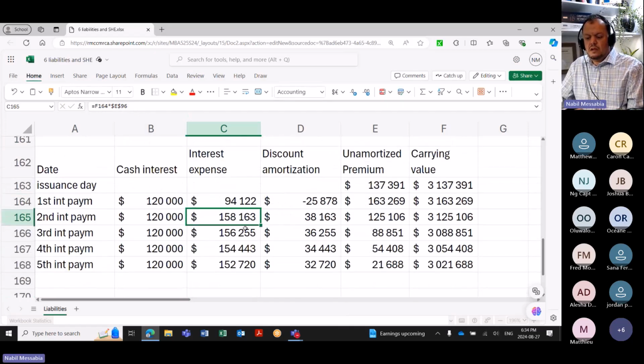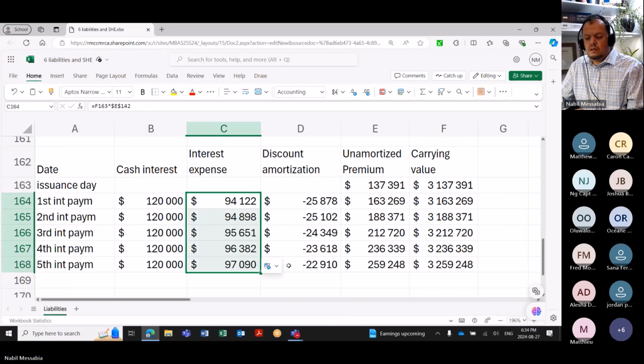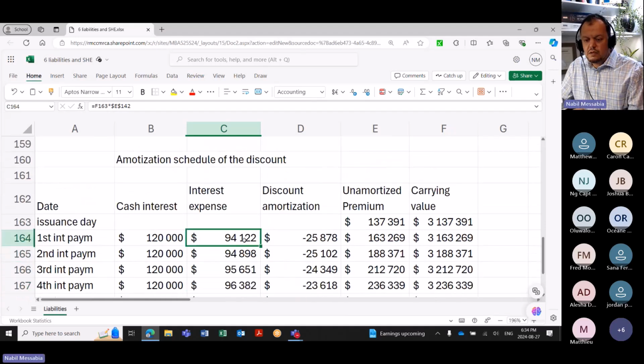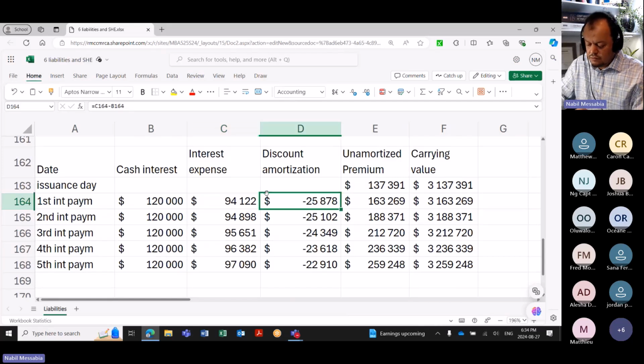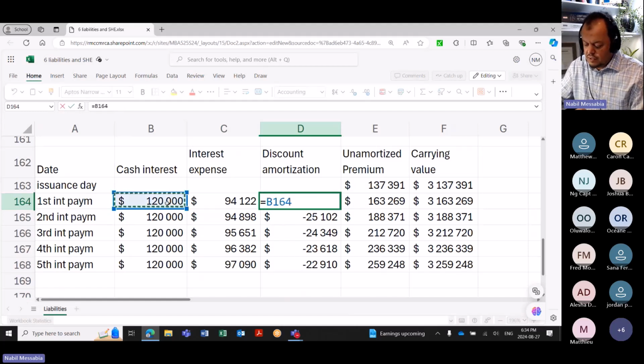Okay, and then something else is the discount amortization. It should be this minus this.